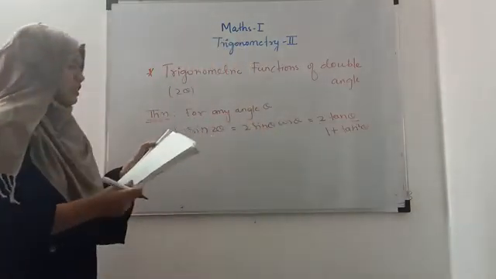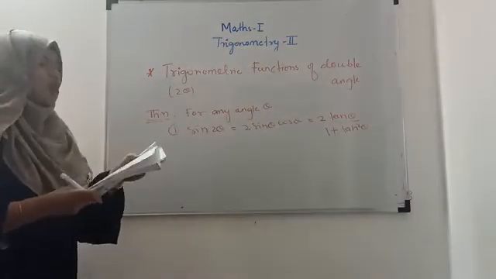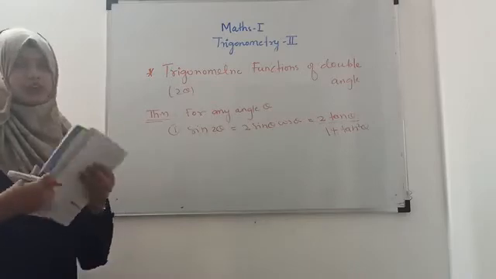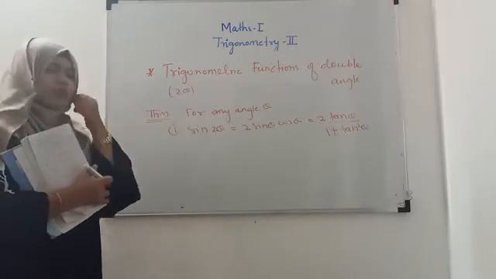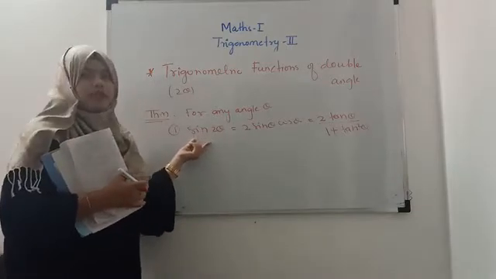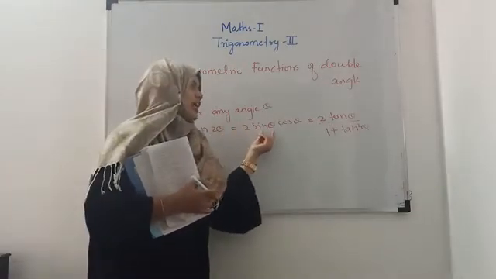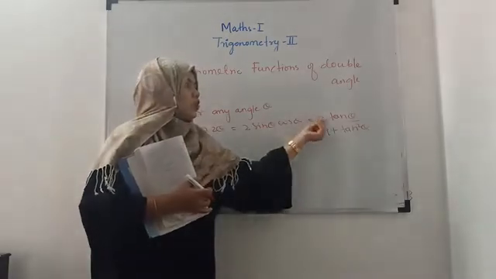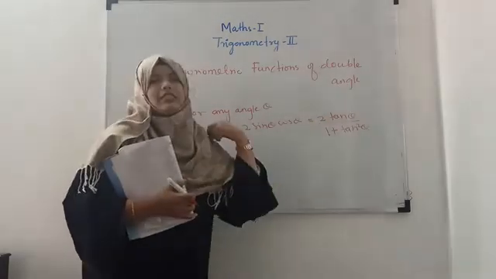Similarly, we have formulas for cos 2 theta, tan 2 theta. But in today's class, we will only see the formulas of sin 2 theta. So there are two formulas for sin 2 theta, 2 sin theta cos theta and 2 tan theta divided by 1 plus tan square theta.